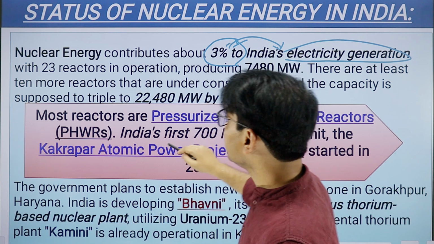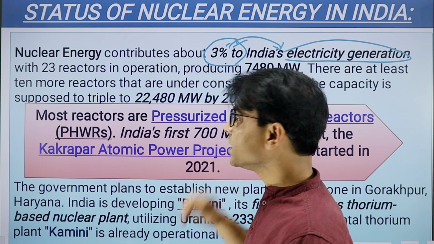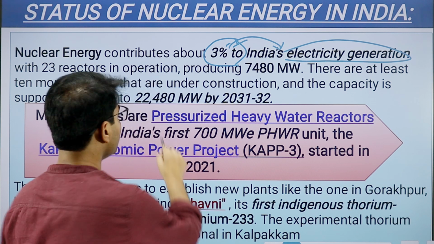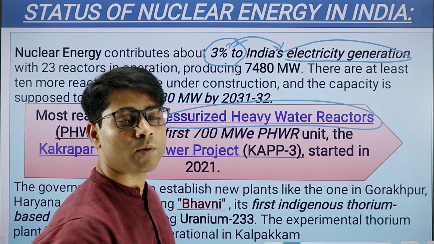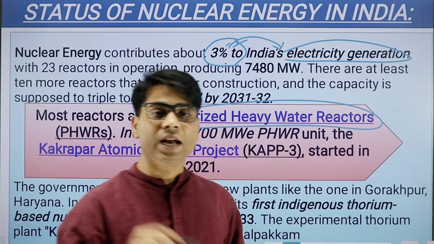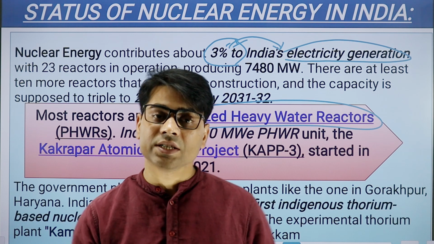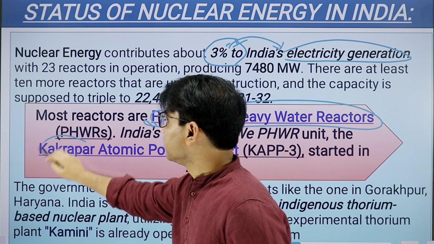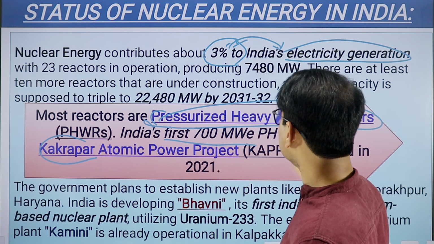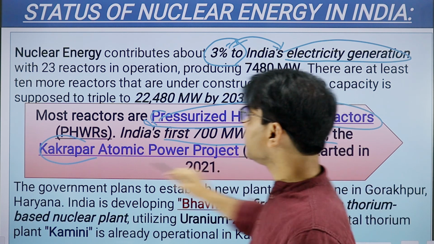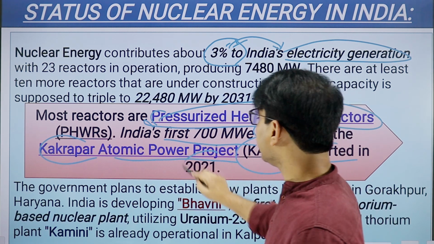So 3%, remember. One of the most advanced reactors India is operating is the pressurized heavy water reactor. Right now it is operational at the Kalpakkam nuclear power plant situated in Tamil Nadu, and it is the only power plant generating a very high amount of energy in India. We also have India's first 700 megawatt pressurized heavy water reactor unit, Kakrapar Atomic Power Project KAPP 3, started in 2021.